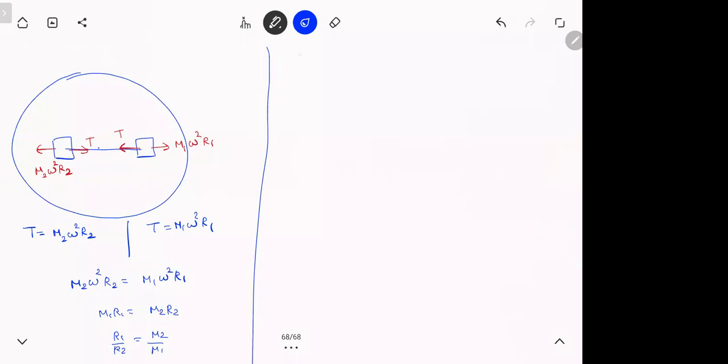Suppose same question, if the table is rough, right? Coefficient of friction is mu. I'm just giving an additional question here.